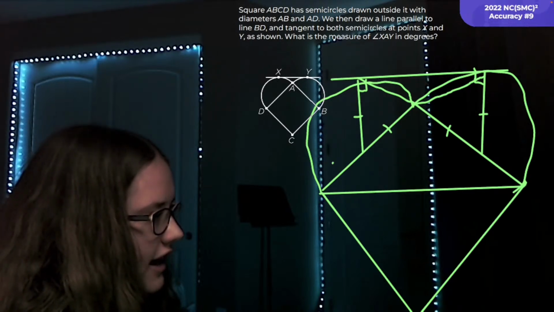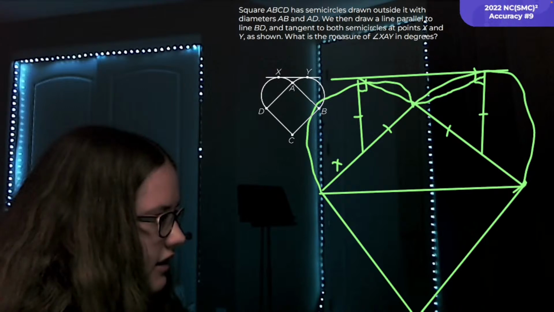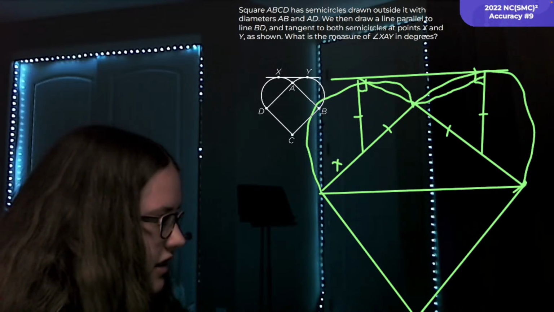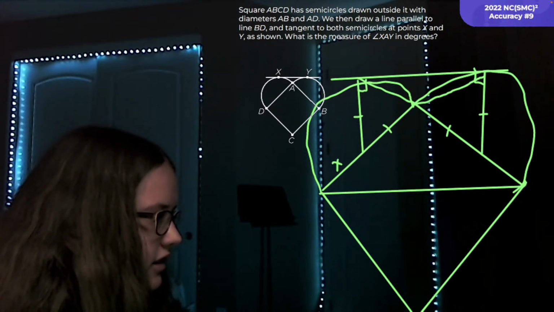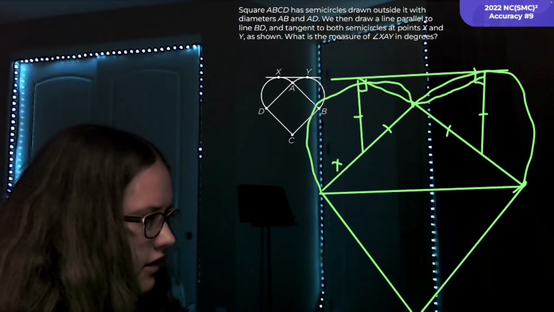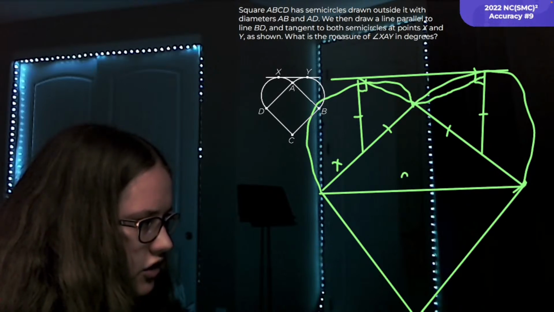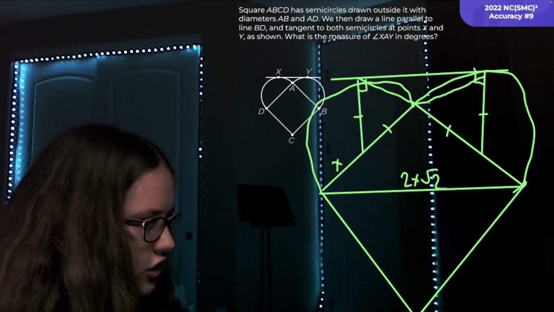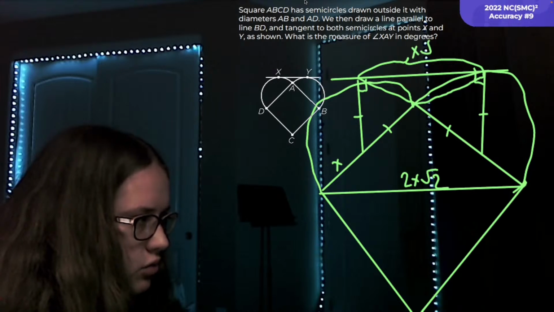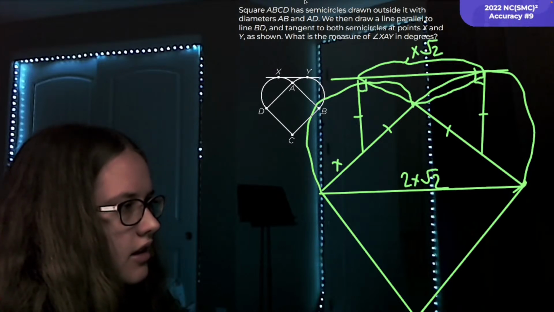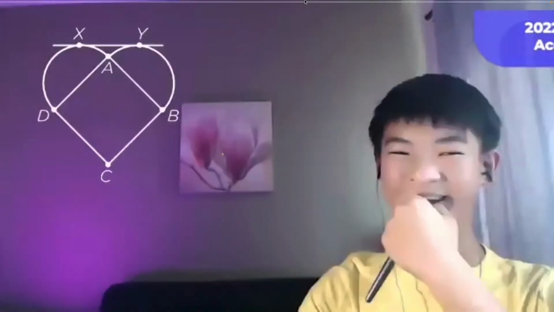Okay, here, let's call this X. And so that means that the square length is 2x, and that's going to mean that our diagonal is 2x root 2, and thus this length would be x root 2, if I'm not mistaken.